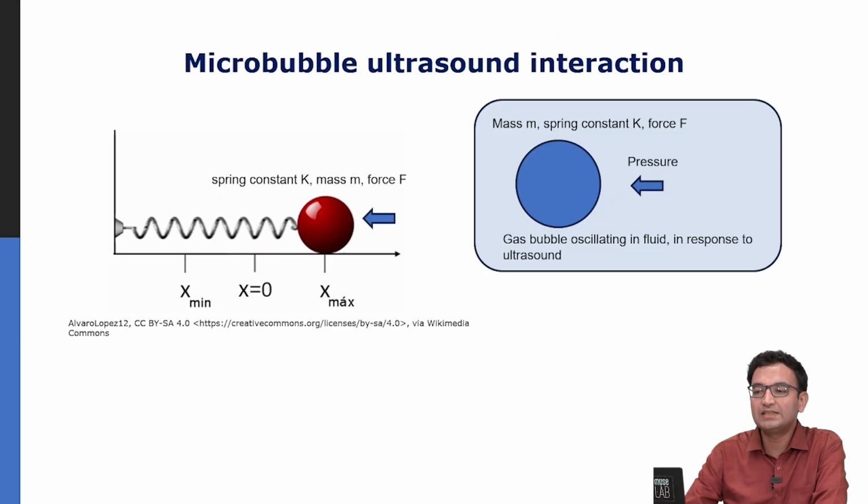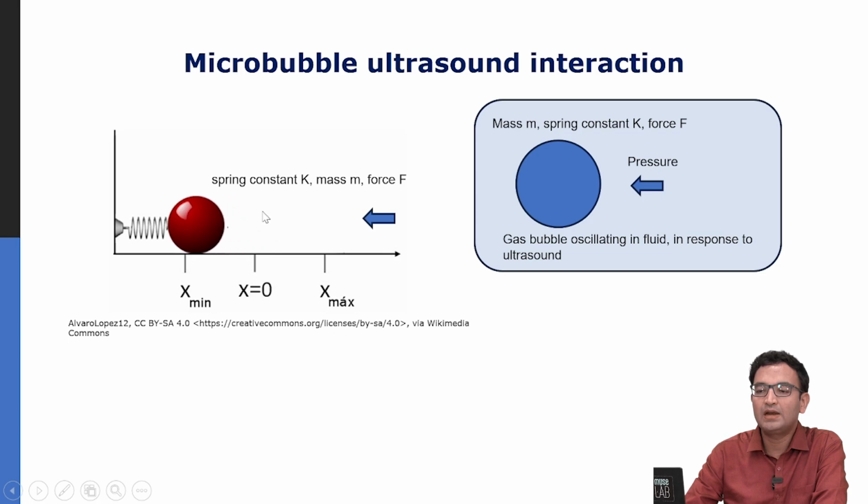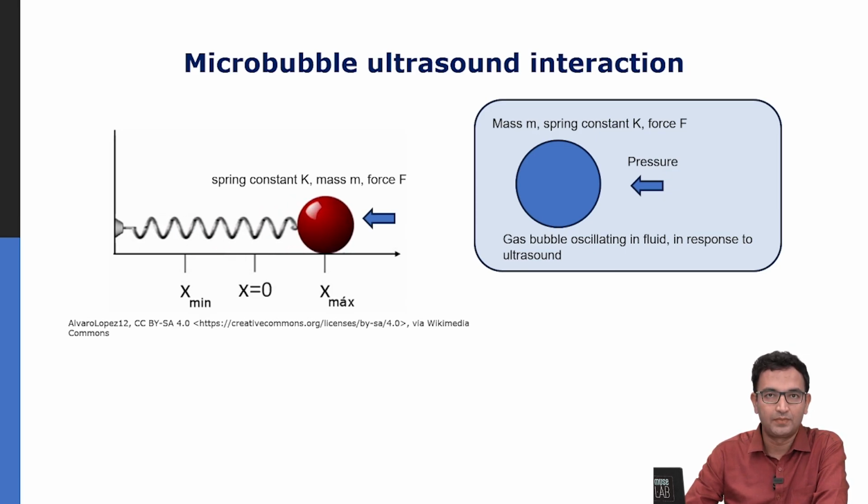So now let us discuss microbubble ultrasound interaction physics in more detail. You may be familiar with the harmonic oscillator or spring mass system, where you have a mass and you are applying an external force, which could be a sinusoidal force, and because of this force, the mass is oscillating. Note that the spring has a spring constant K, so it resists this oscillation, it provides a certain stiffness, and there is a mass m.